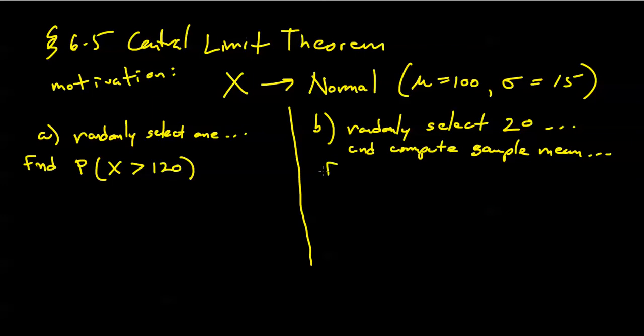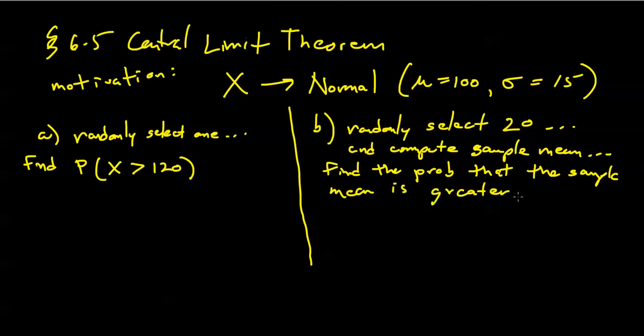I'll then say find the probability that the sample mean is greater than the same limit as in part A. So in scenario B, I'm asking this question: what's the probability that x bar, a sample mean from a group of 20, is greater than 120?